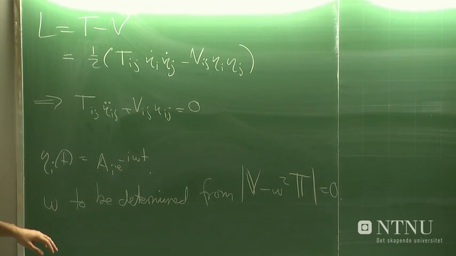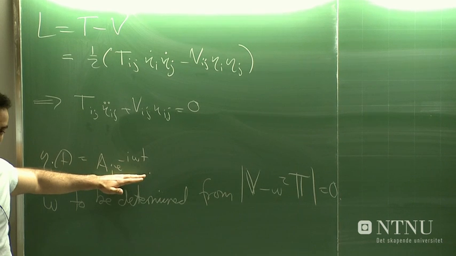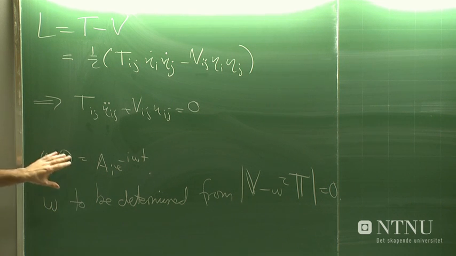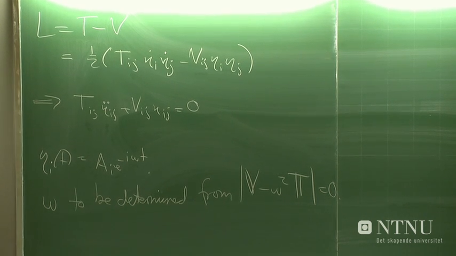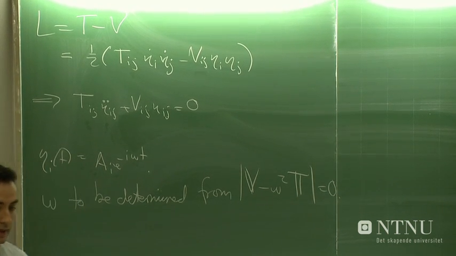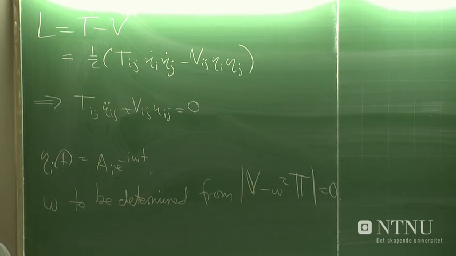And so we embarked on a journey where we were going to attempt to find a solution for this ansatz, to find a way to establish what the values of AI would be. And we commented that this procedure that we adopted yesterday would only be valid if all the eigenfrequencies were distinct.